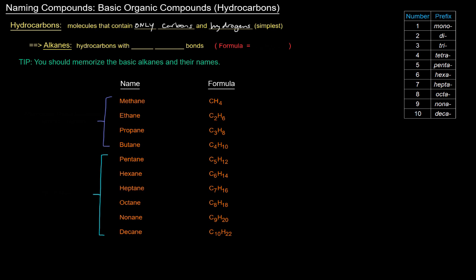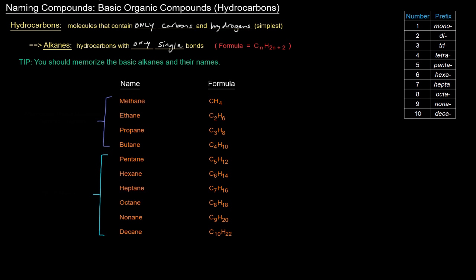Now, a specific type of hydrocarbon is alkanes, and alkanes are hydrocarbons with only single bonds, okay? And these are the only ones that we're going to learn about now, just because they're so common. Now, the formula for an alkane is CnH2n+2, which means that you can plug in any positive integer n, and that'll basically give you the formula, right?